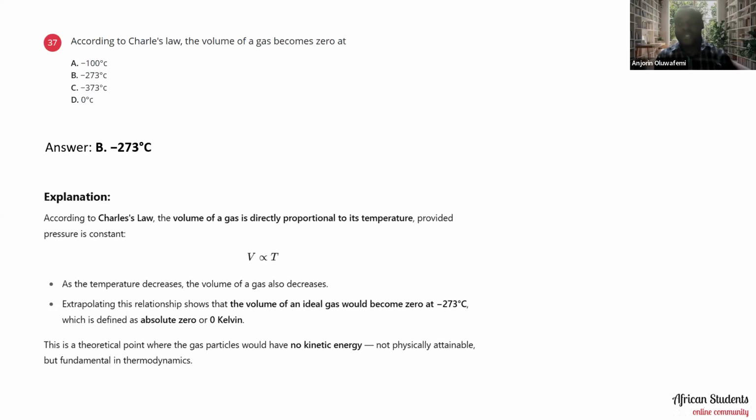This is a theoretical point where the gas particles would have no kinetic energy, not physically attainable, but fundamental in thermodynamics. Okay, so that's that for that. So let's move along now and look at the next one.